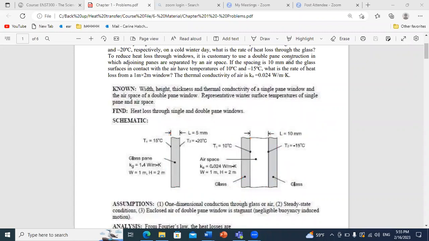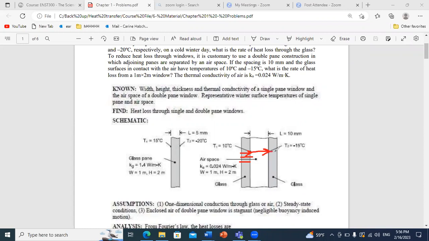So through this glass layer, from this point to this one, heat is transferred by conduction, and from this point to this one also, because we have an optimal thickness, convection is negligible, so heat will be transferred through conduction.